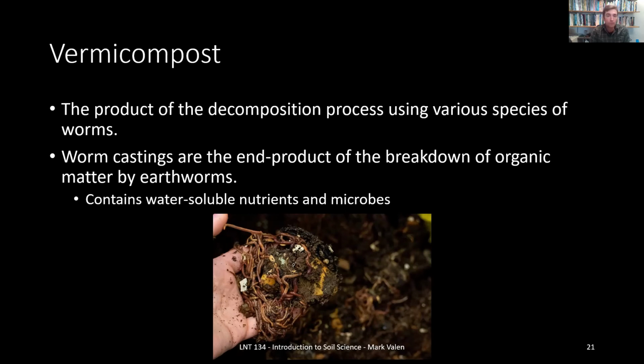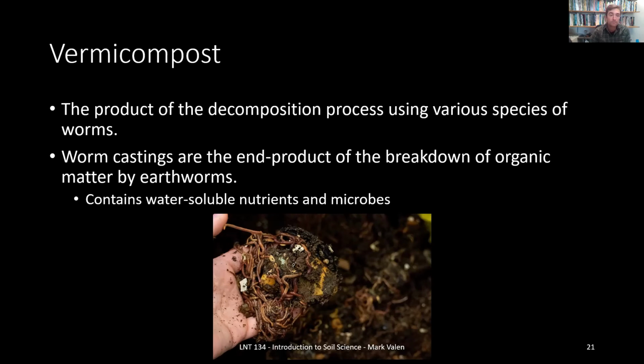Their population will rise and fall based on how much material is given to them to eat. And so it's quite a robust system that's easy to manage. A lot of people like to have this at home as a simple kind of addition to a standard compost pile, because you gain access to the high value byproducts, the earthworm castings, and all of those minerals and microbes found within.